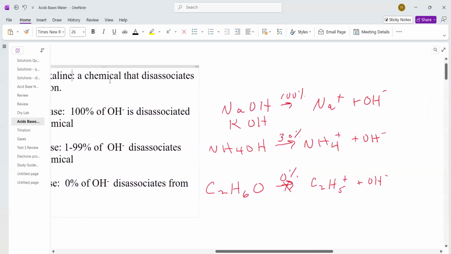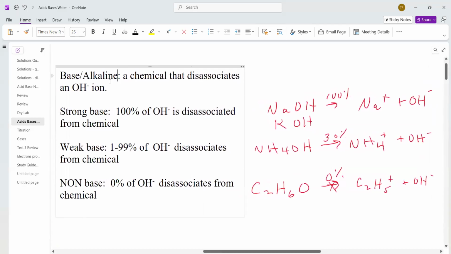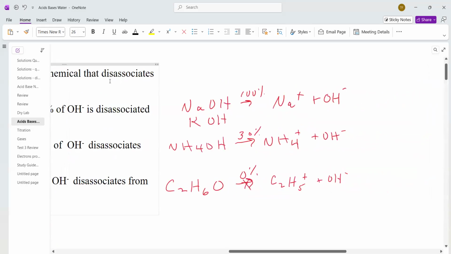Okay, so now let's distinguish between a strong base and a weak base. Strong base means that 100% of the sodium and hydroxyl ions leave the original molecule. So there are no NaOHs left. They're all Na pluses and OH minuses.